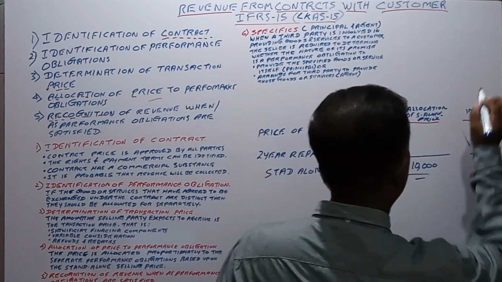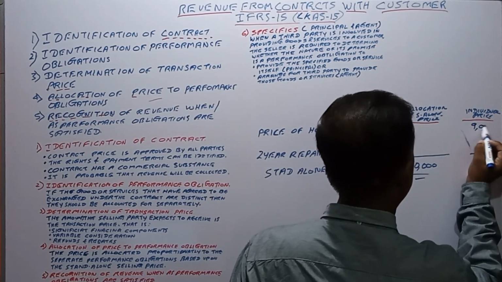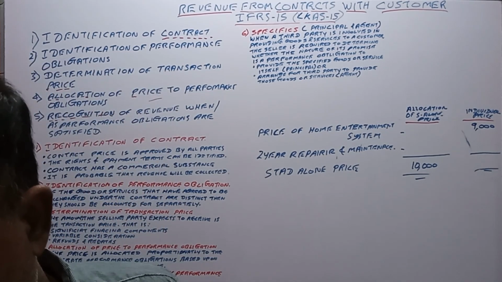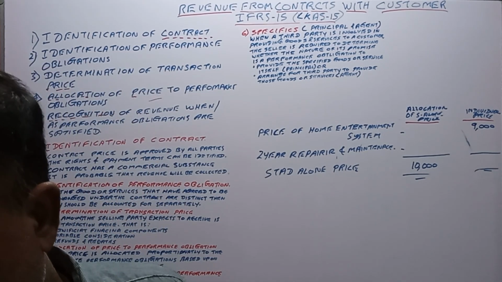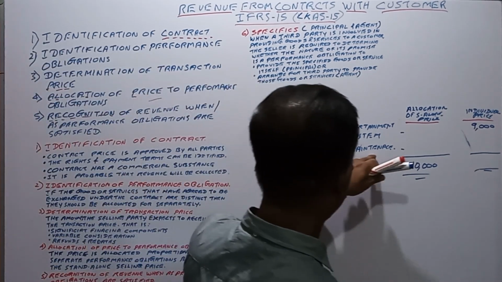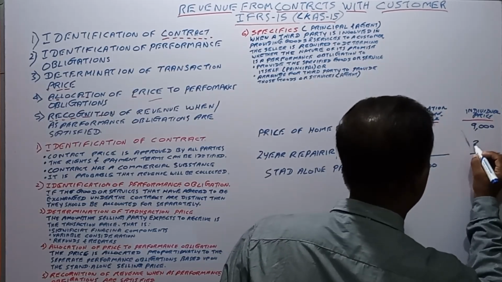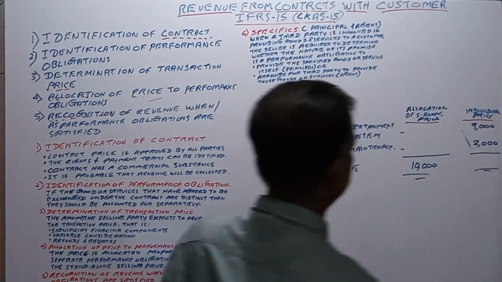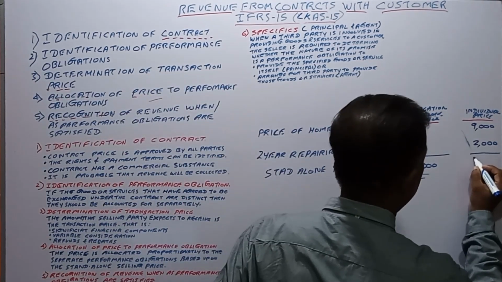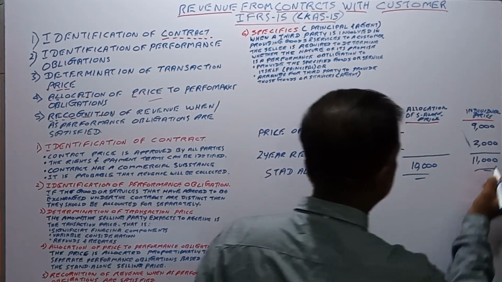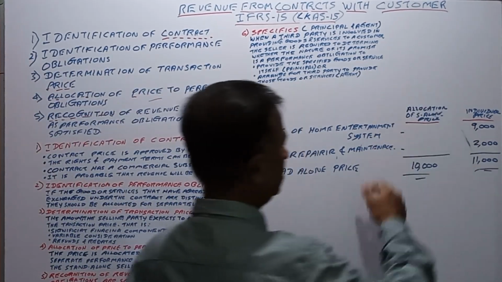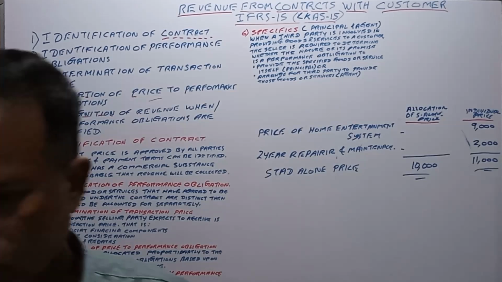Individual price is 9,000, and the price of the 2-year maintenance package is 2,000. So altogether, if you buy them separately it is 11,000, so going for the package is profitable by 1,000.